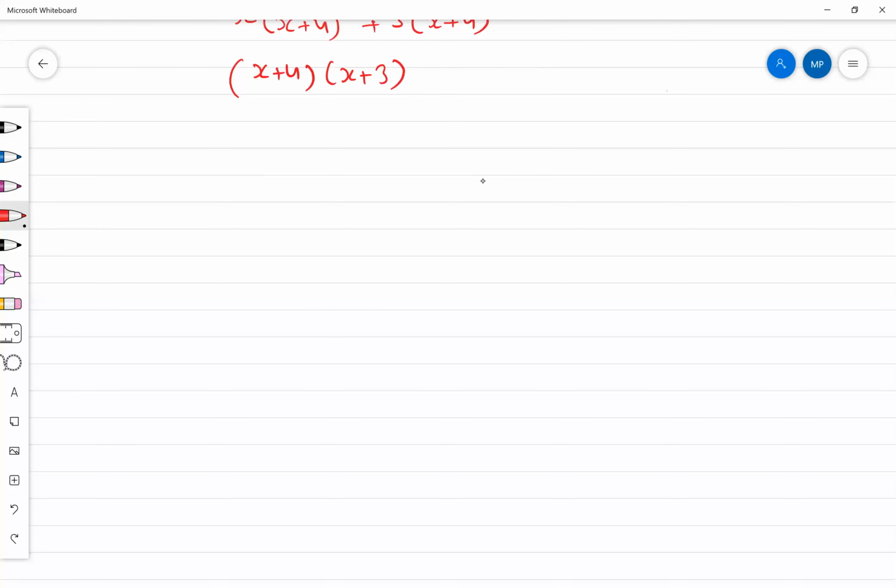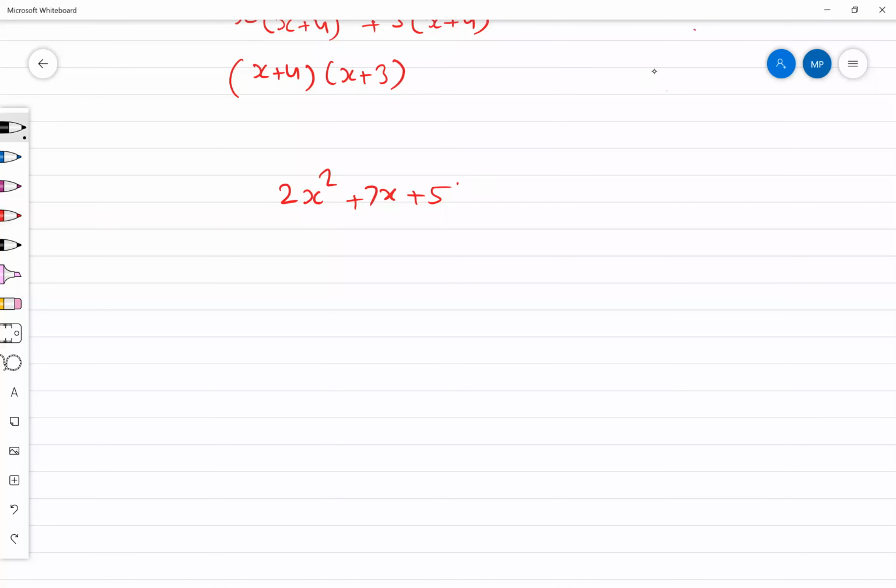So a little change over. You can do it. 2x square plus 7x plus 5. All right, let's see. Look, everyone, the process is fixed.